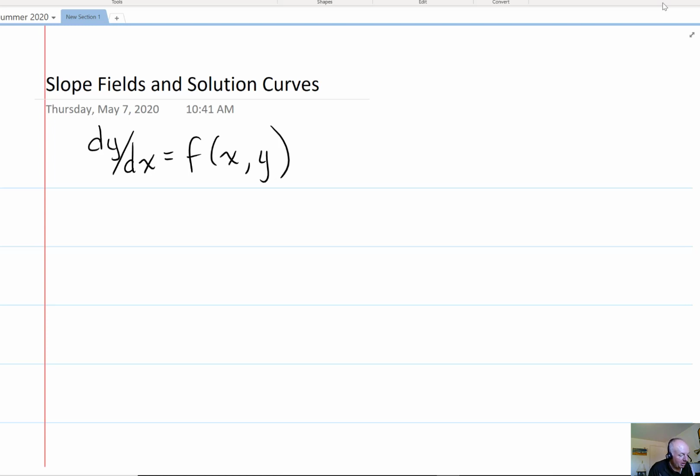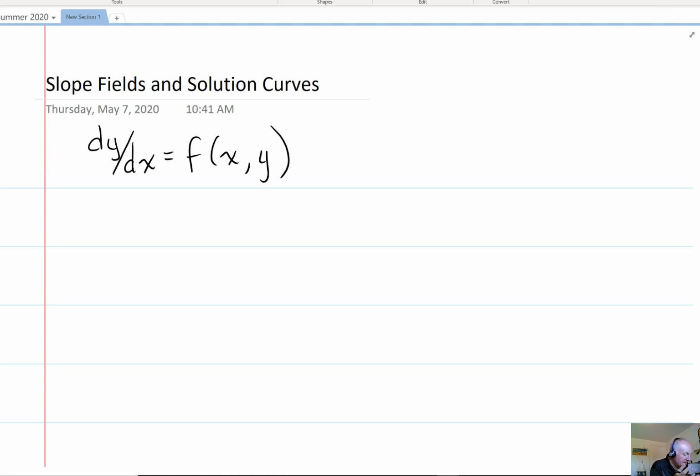And that usually is good enough to answer the questions we're after. A second way is a graphical approach. It applies to these kinds of differential equations where we have the derivative of y equaling a function of x and y. We use what are called slope fields.